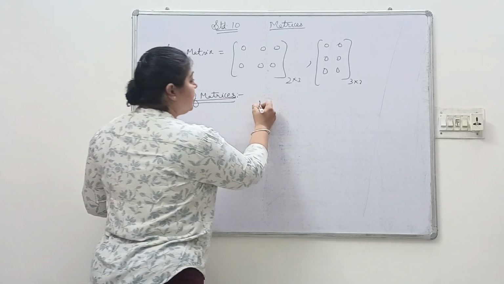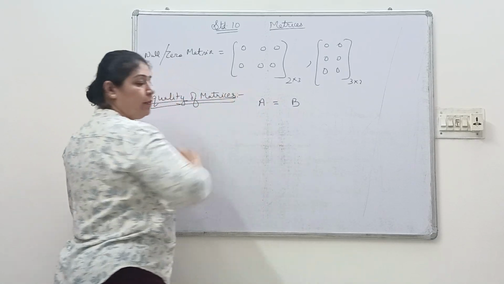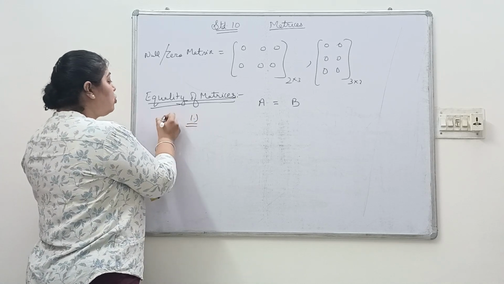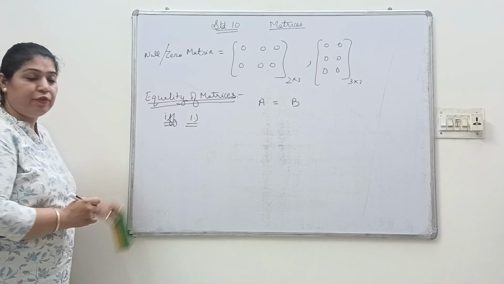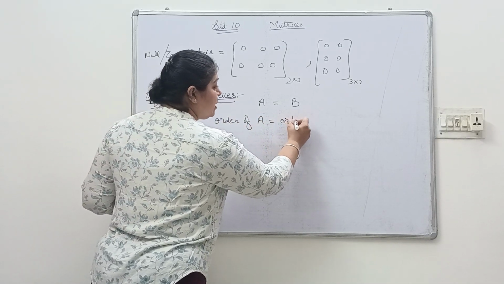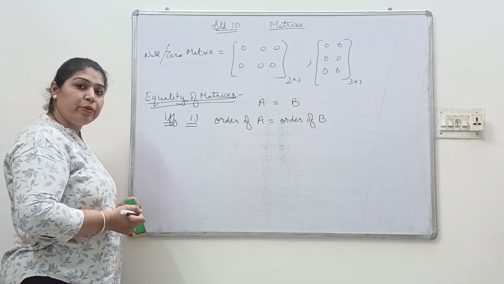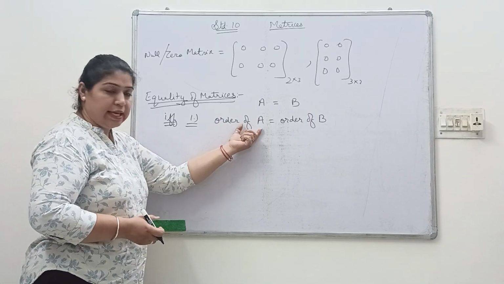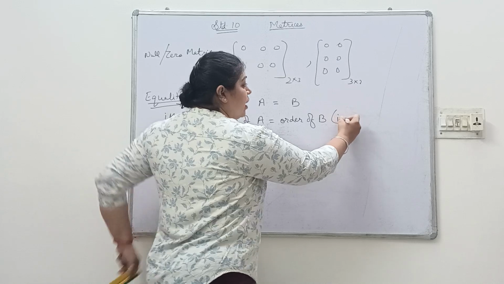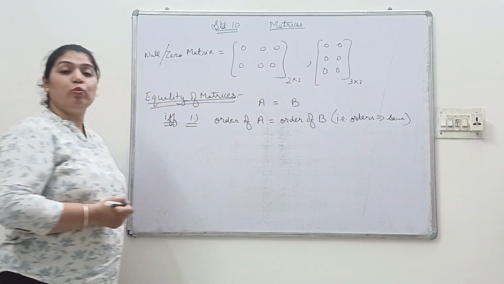Two matrices A and B, non-zero matrices, are equal if and only if the order of matrix A is equal to the order of matrix B. If their order is the same, then we can say the two matrices may be equal.